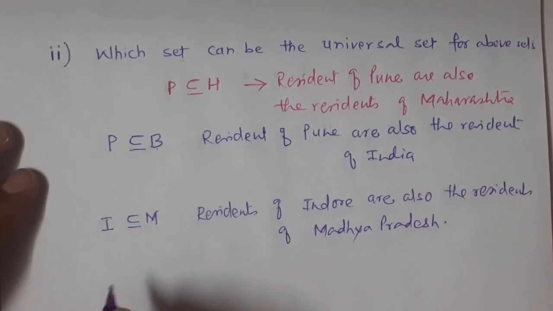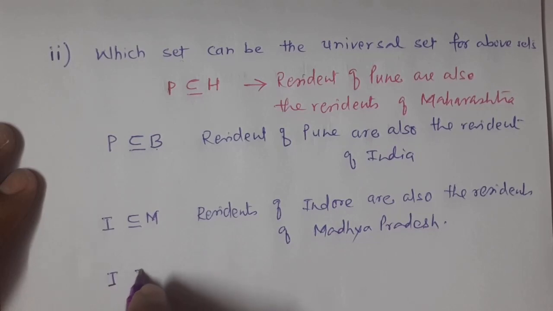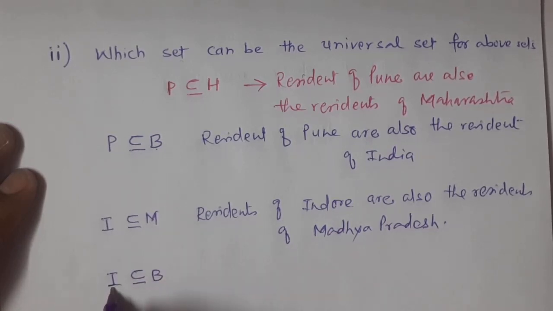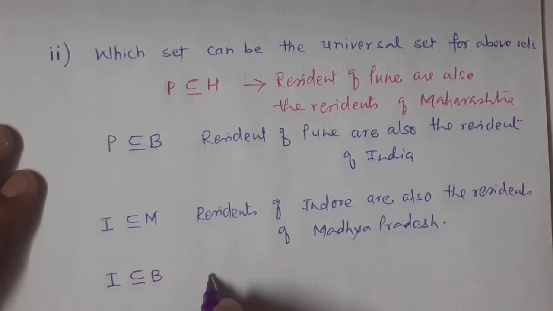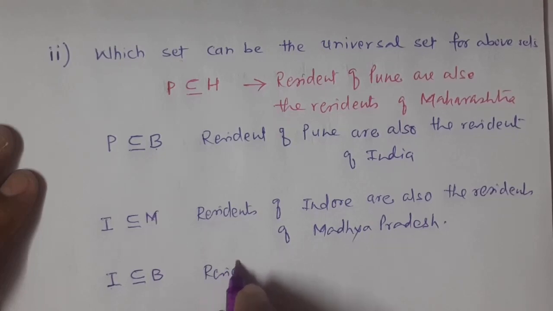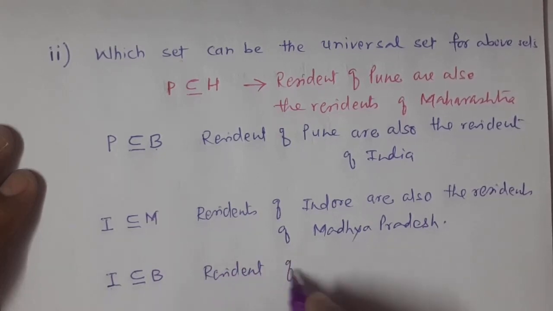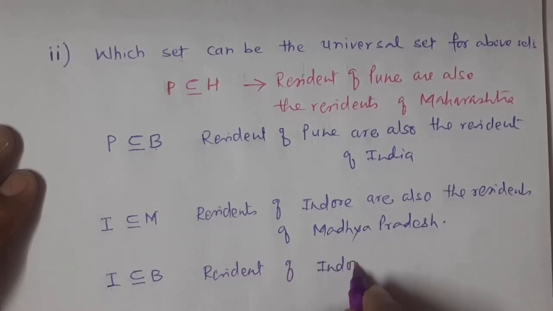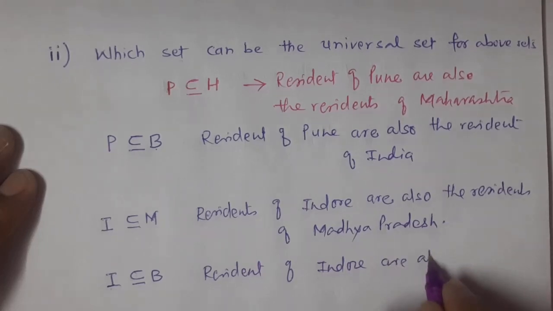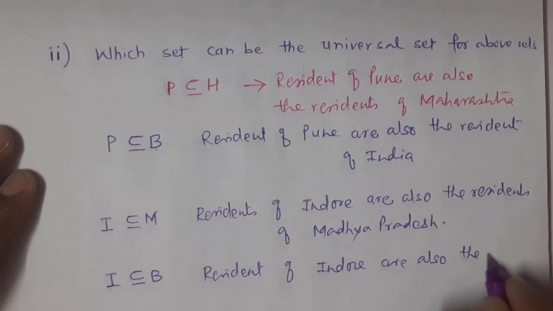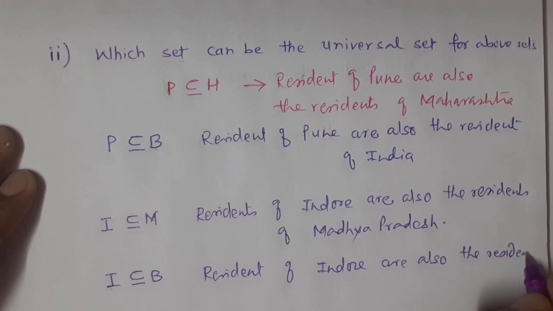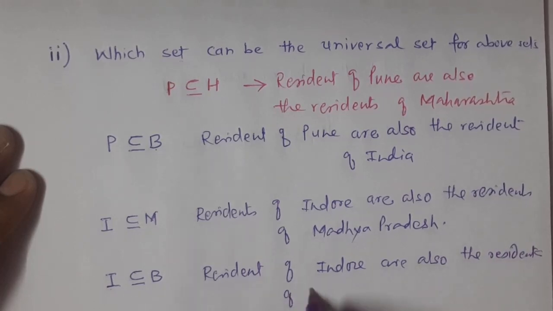And I can also write that I is a subset of B. Whatever the residents of Indore are, they are also the residents of India.